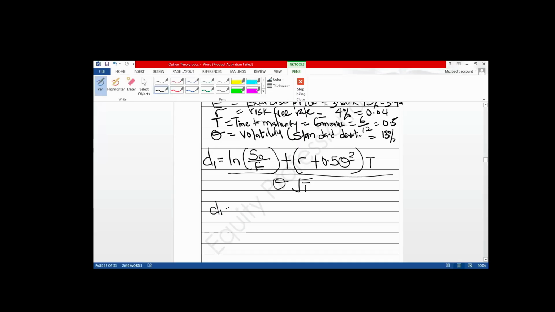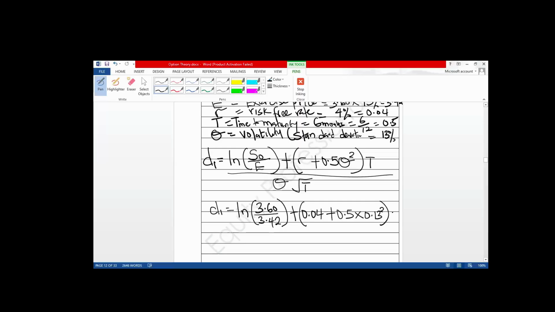Your ln, your S0 is 3.60, over the exercise price 3.42, plus your risk-free rate 0.04 plus 0.5 constant, multiplied by the square of the volatility 13%, 0.13 raised to power 2.